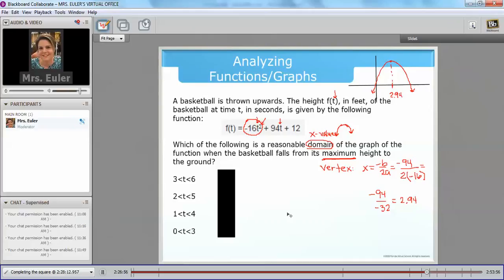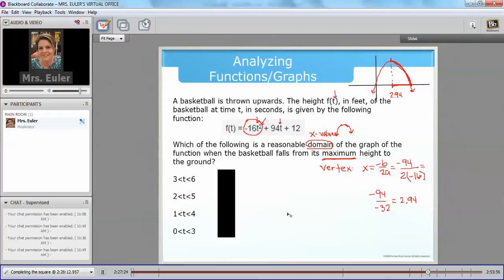What is a reasonable time for when the basketball falls from its maximum height to the ground? So here's the maximum height up here at the top, down to the ground, down here. So we want to know how much time that takes. Well, that refers to the domain along the x-axis. So it started at 2.94 and it's ending somewhere.